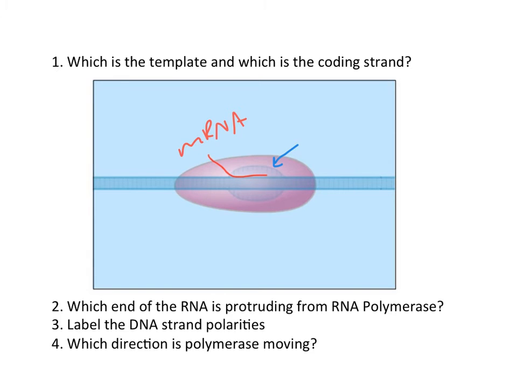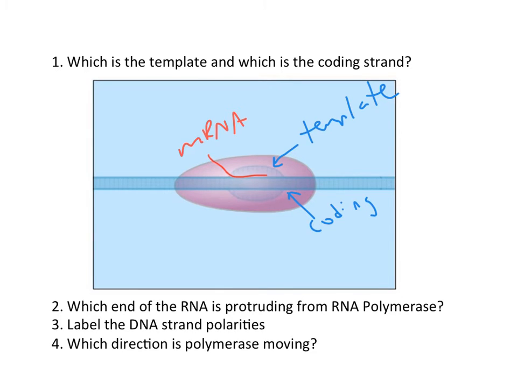Look back at the previous slide if you want. The messenger RNA is complementary in sequence to the template strand because it's the template strand that's being base paired with the RNA nucleotides. And that means the opposite strand is the coding strand. The messenger RNA and the coding strand will both be identical in sequence except for U's and T's.